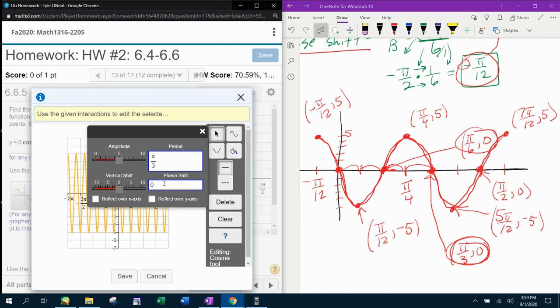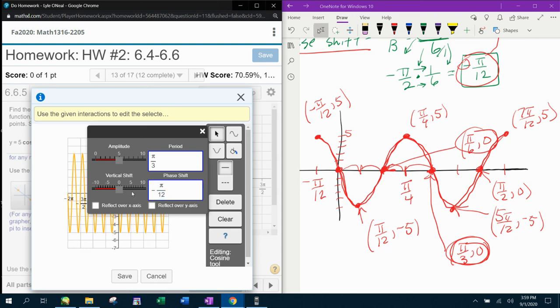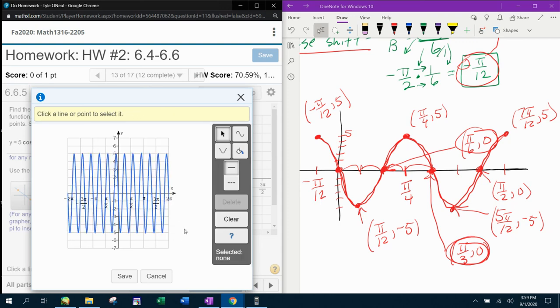And the phase shift was negative pi over 12. And we do not need to reflect across the x-axis because the coefficient a was positive. If it was negative, you would need to reflect over the x-axis, but it wasn't. And so we're going to click there.